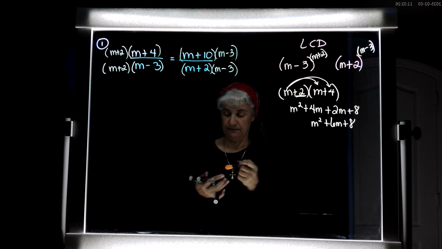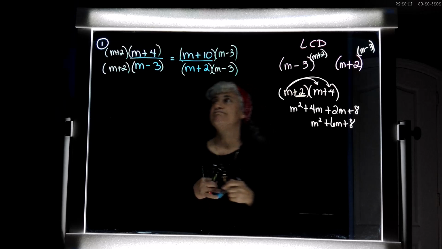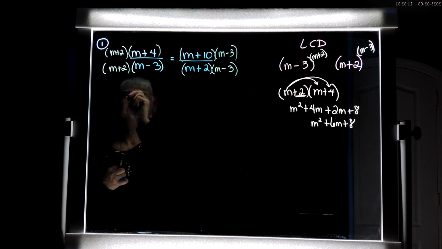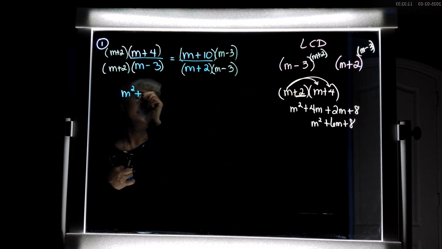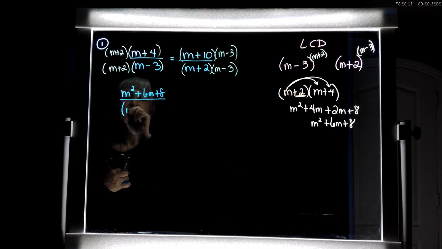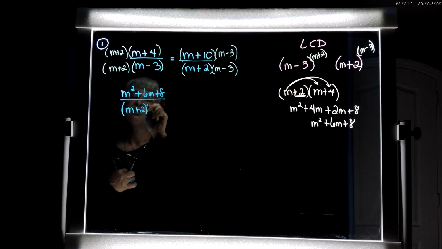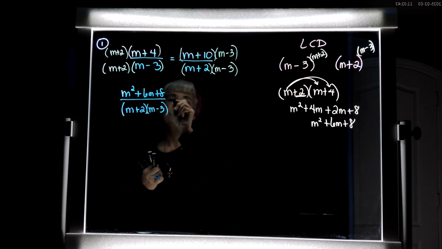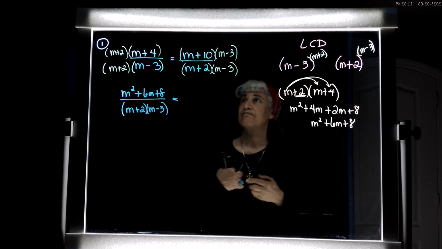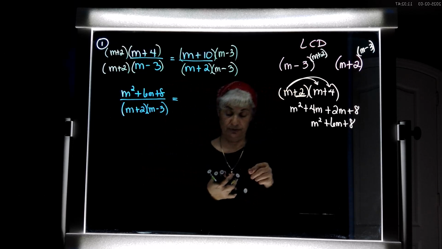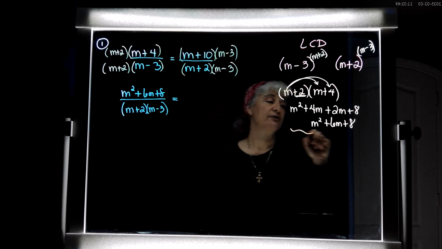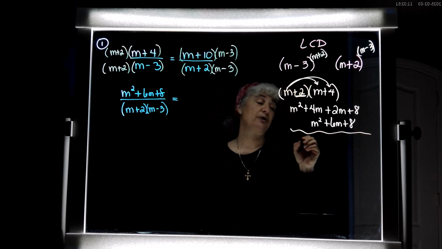So, the first fraction looks like m squared plus 6m plus 8 all over the common denominator. And no, I'm not multiplying the common denominator. I'm not multiplying those two parentheses together. Fraction number 2. The numerator. We have another distribution problem.